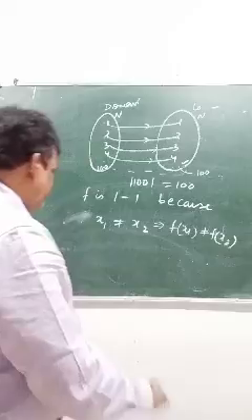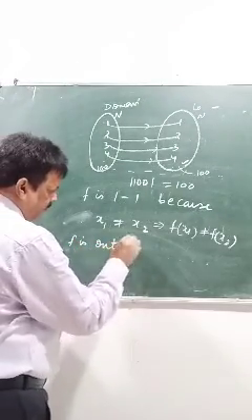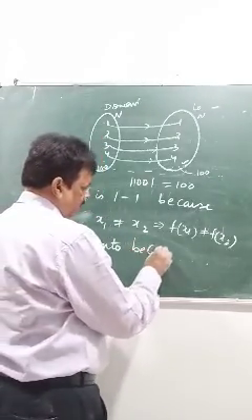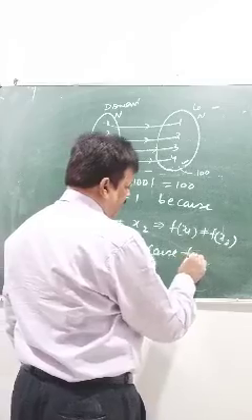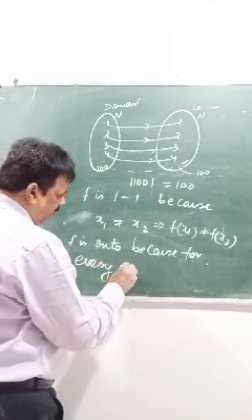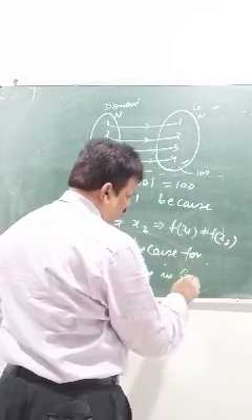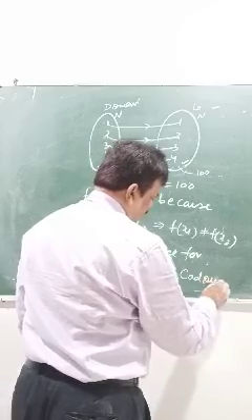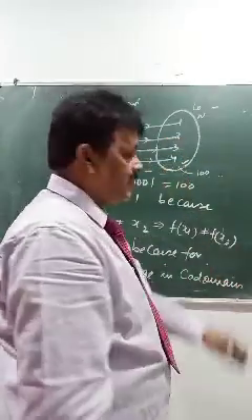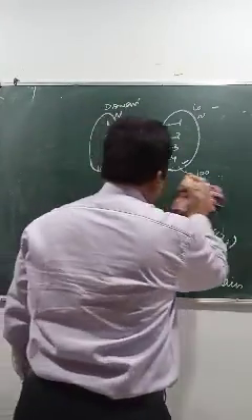So how to write? f is onto, because for every image in the codomain, there exists a pre-image in the domain.